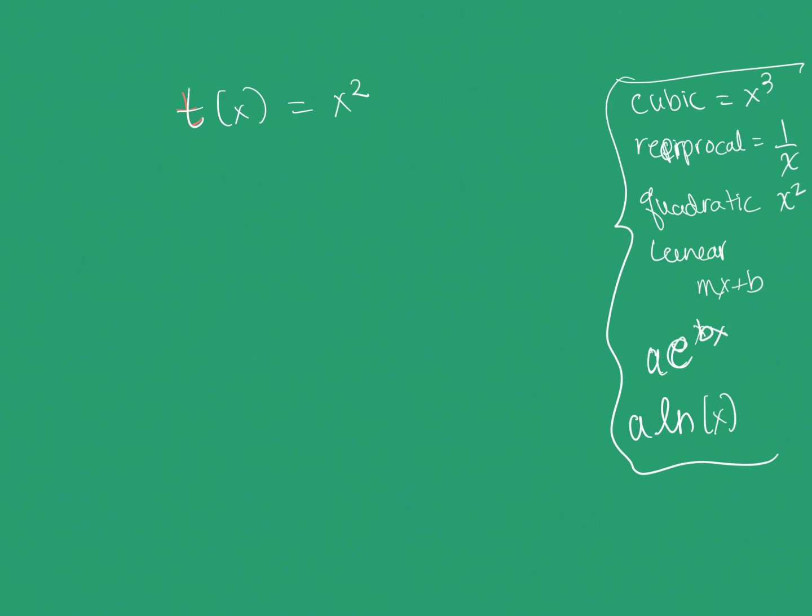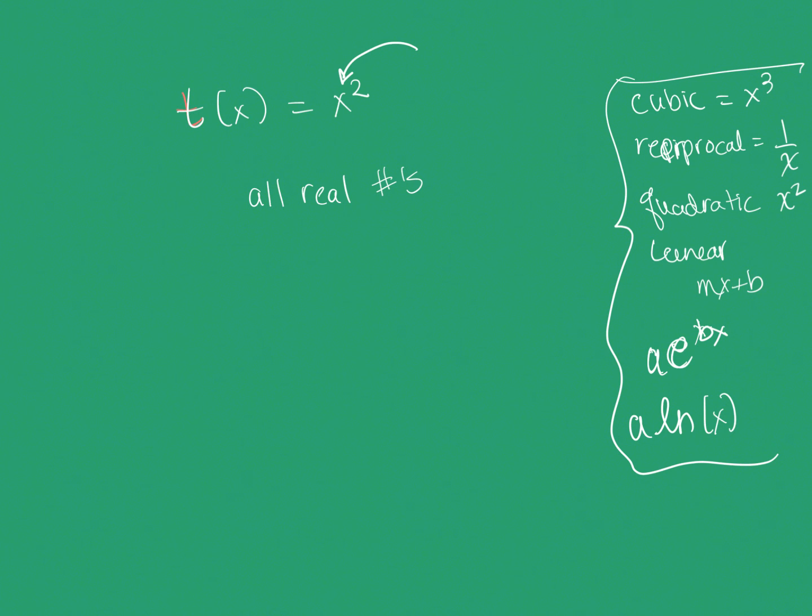So then it asks for the domain of this. My domain has nothing divided on the bottom. It has no square roots, so my domain is all real numbers. What is the range, or what is the definition of range? Range is the widest set of y values that can come out of this function. Is there any number that I could put in here to get a negative number out?